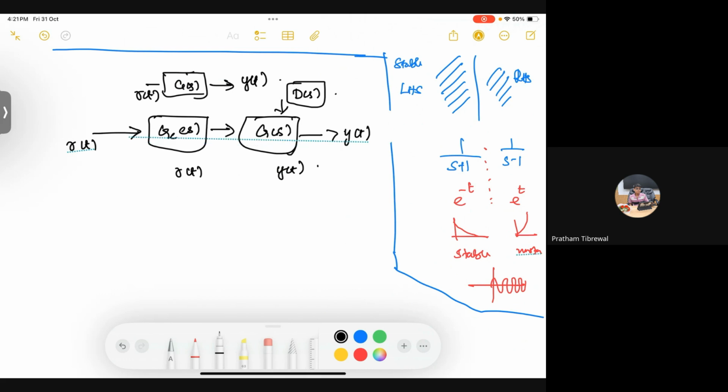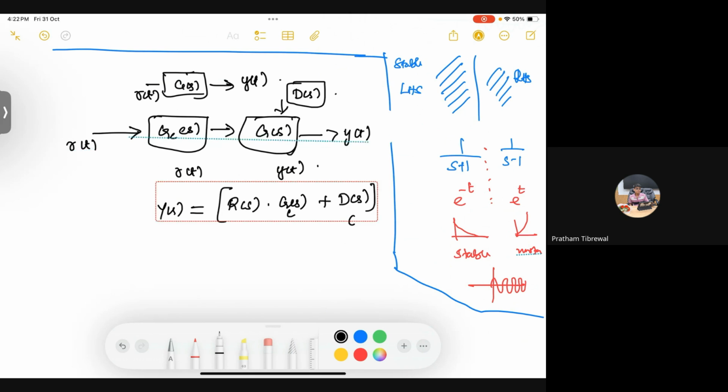So my open loop output, how will it look, Y of t or Y of s, I'm writing in the S domain. My Y of s would look like R of s into GC of s, plus D of s, whole into G of s, right?